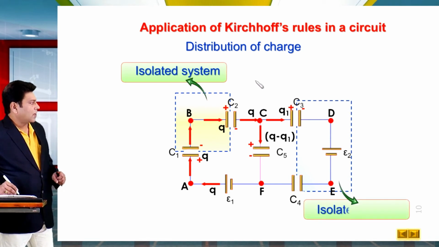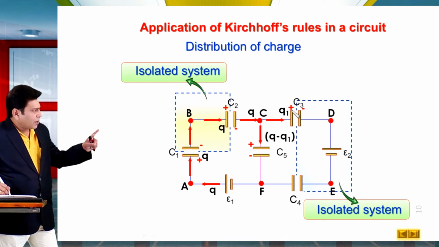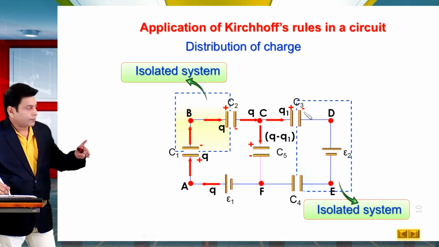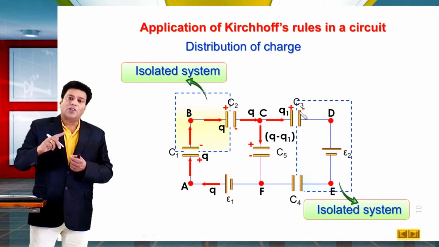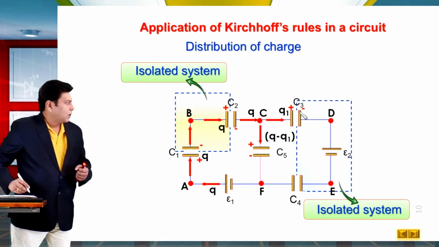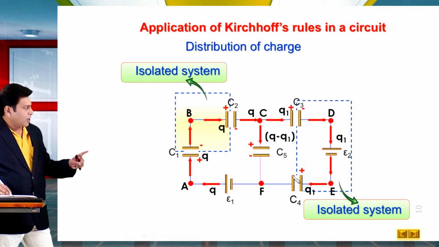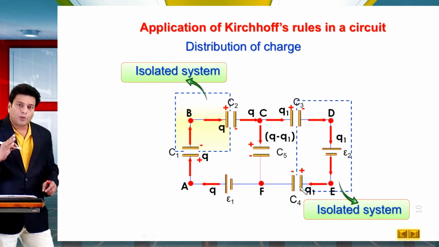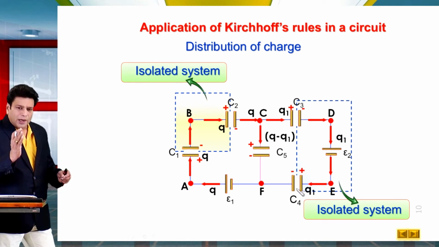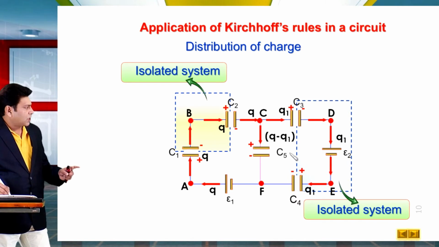So this is the isolated system, and in this isolated system we can observe this plate has charge minus Q1. For any isolated system, the net summation of charge should be 0. So the charge on this plate should be equal to plus Q1, and this will be the positive plate, and the facing plate should be negative. From the negative plate we can take charge out. So this charge Q1 will flow in this direction and reach junction F.